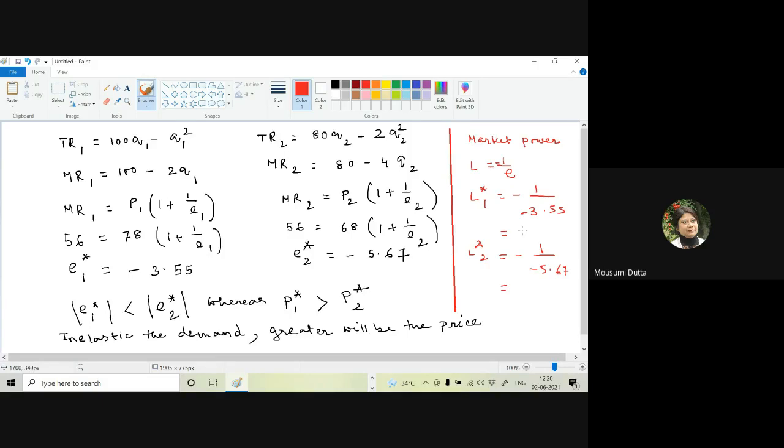What are the values of L1 star and L2 star? 0.28 and 0.176. Therefore, market power of L1 is more. The market power for the first market will be higher compared to the second market. Okay, so in this way we can solve this kind of exercise.